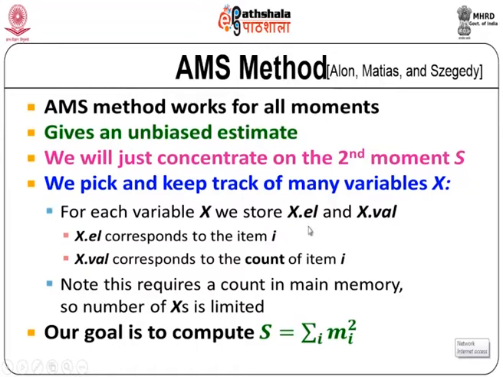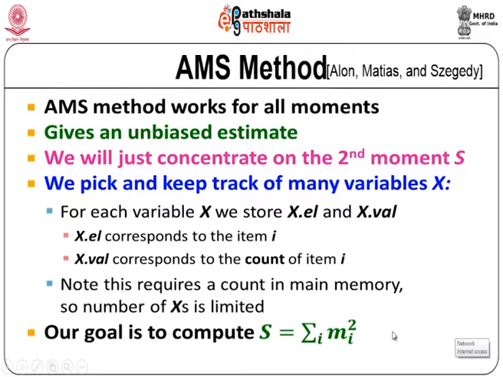Having identified the element and the number of times it has occurred, you will then calculate the summation over all these elements, which is nothing but our second moment or surprise number.